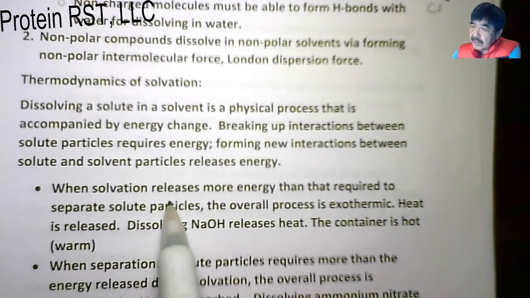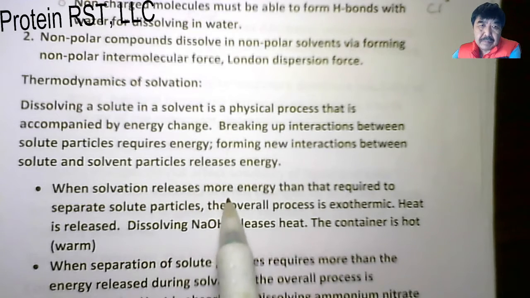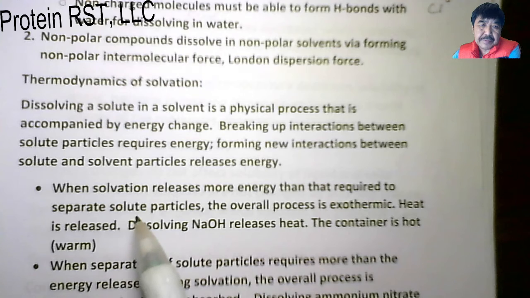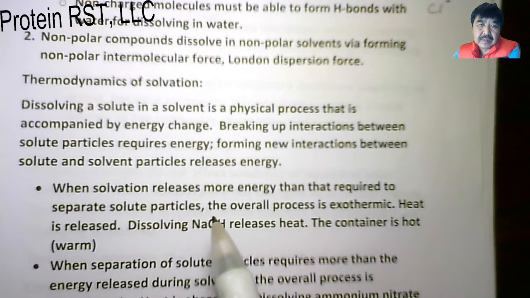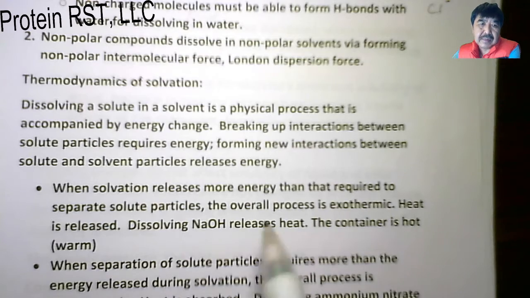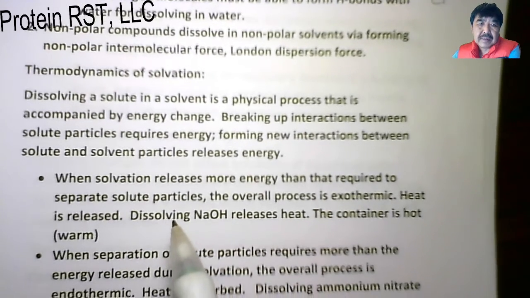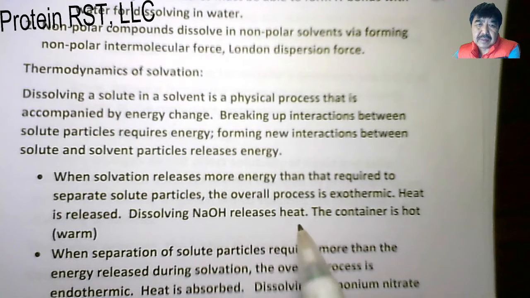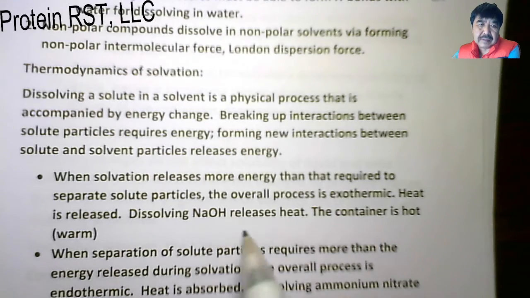When solvation releases more energy than that required to separate the solute particles, the overall process is exothermic. Heat is released. Dissolving sodium hydroxide releases heat. This is the example. Then you can see the container is hot or warm.